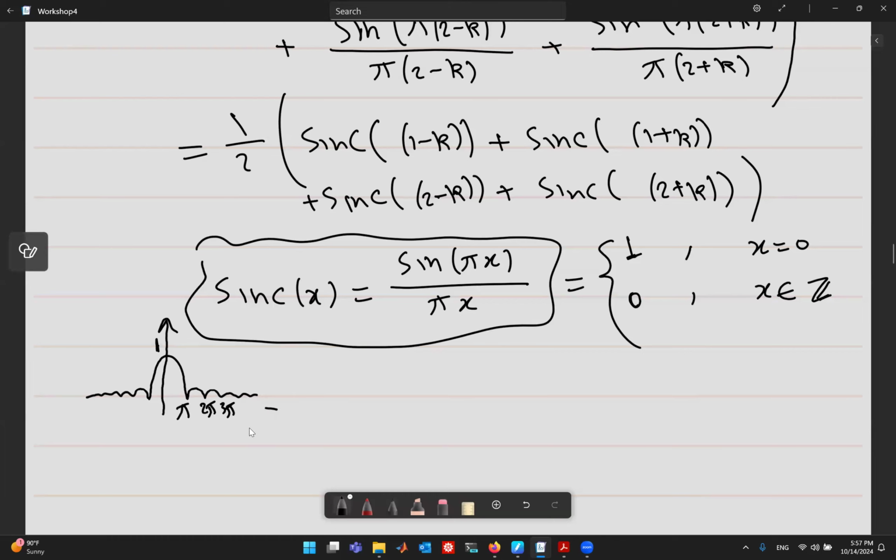So 1 at 0, 0 at the integer multiples of pi, and otherwise it will be just sine pi x divided by pi x, as in the definition.